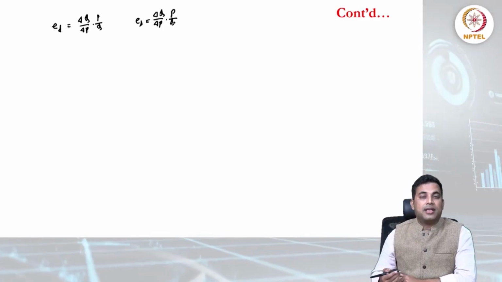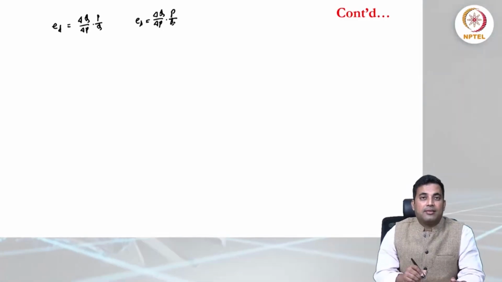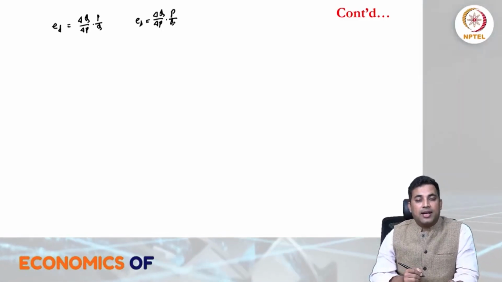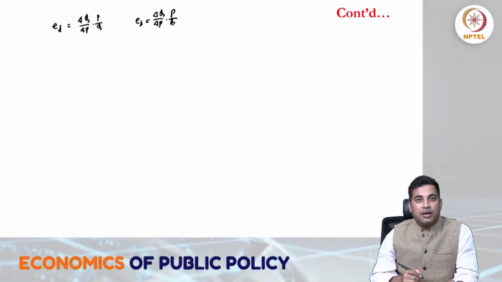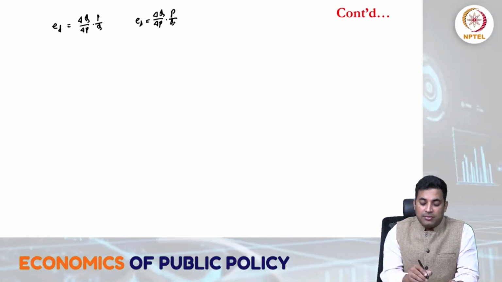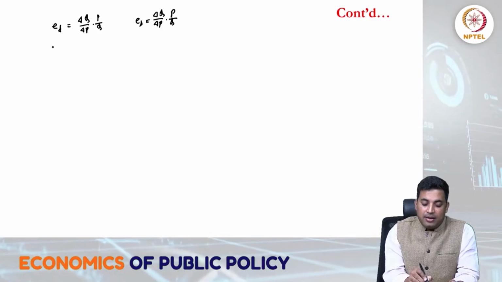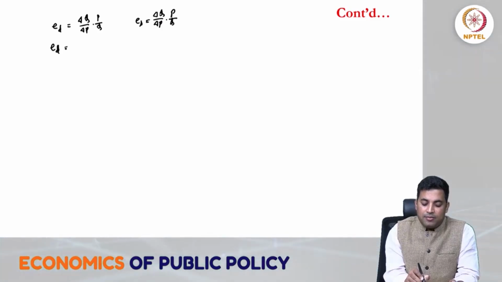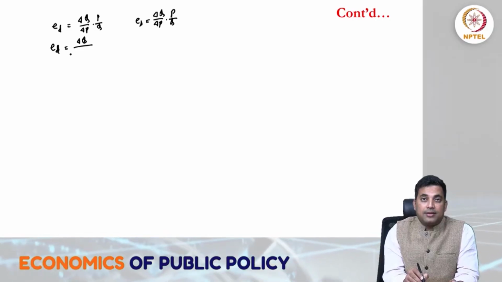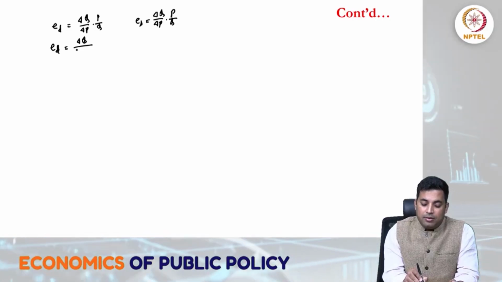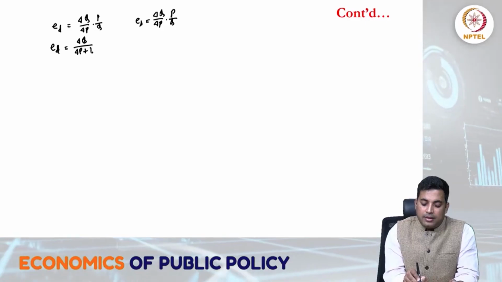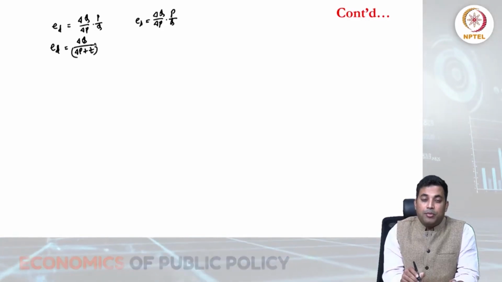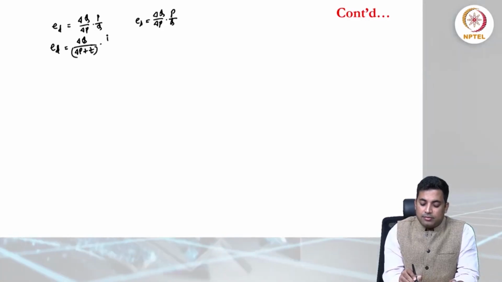So let us first take the first example. Let us assume that the tax is imposed on the consumer through its demand curve, and therefore the price elasticity of demand will look like this, where the tax is imposed on the price.